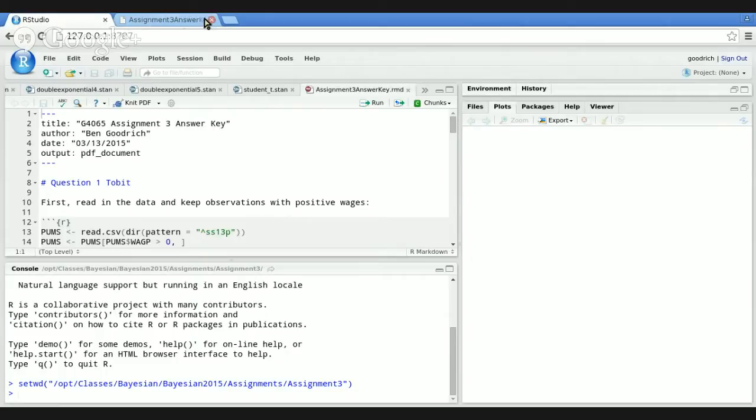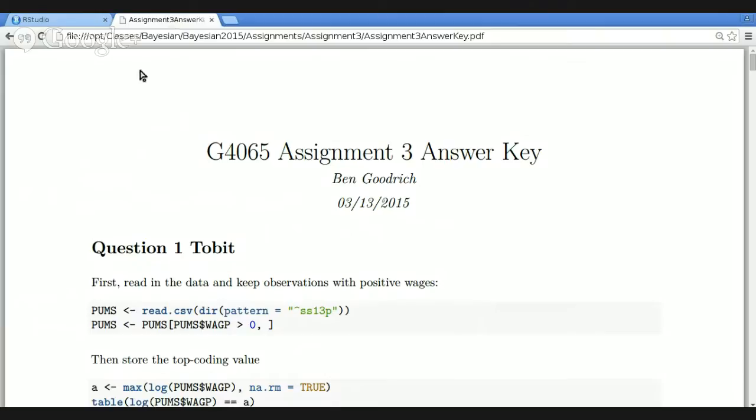And that was the first time that we got to do an assignment on Stan specifically. And so it's a little bit involved. So we'll go through this whole answer key pretty carefully to make sure everybody is on the same page with all that.